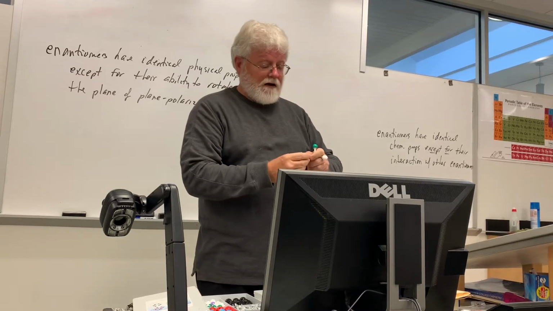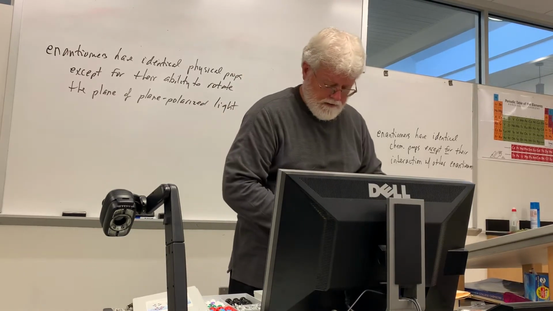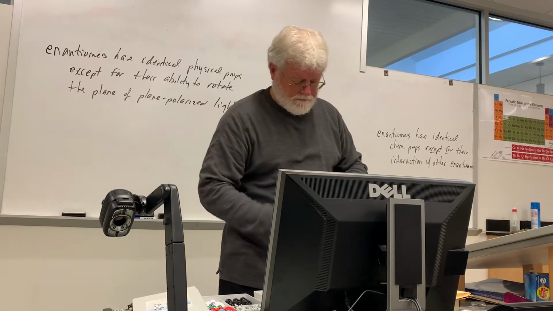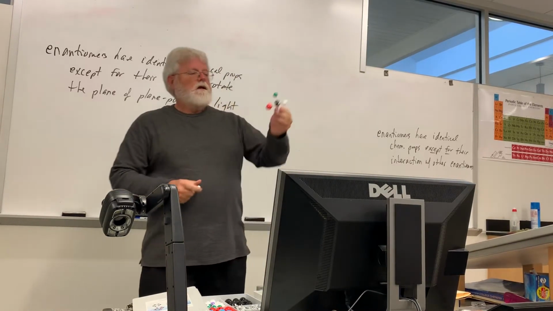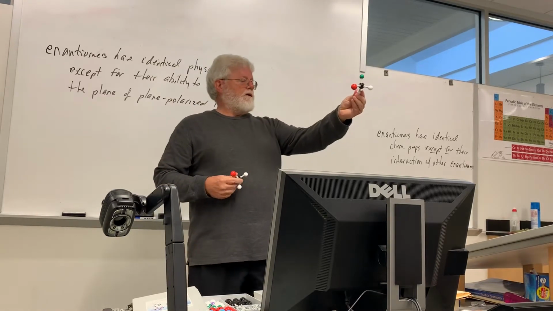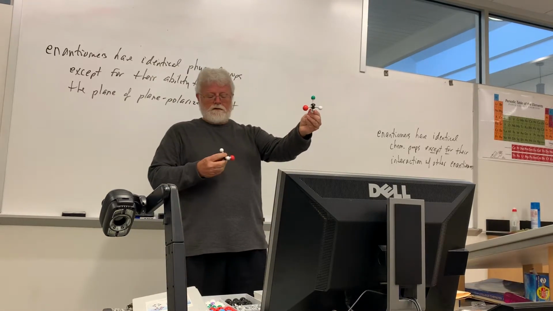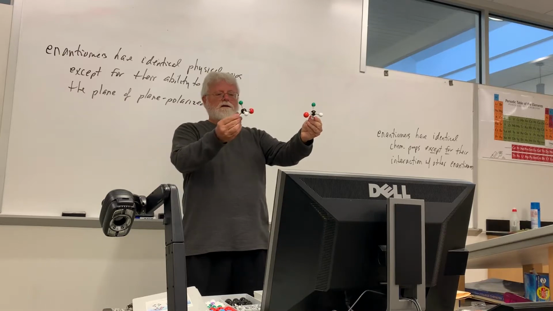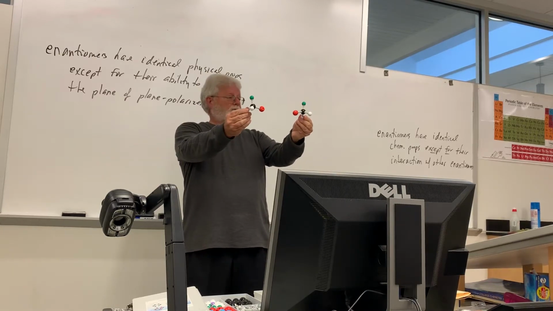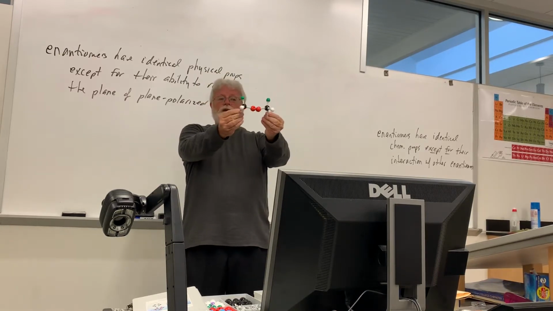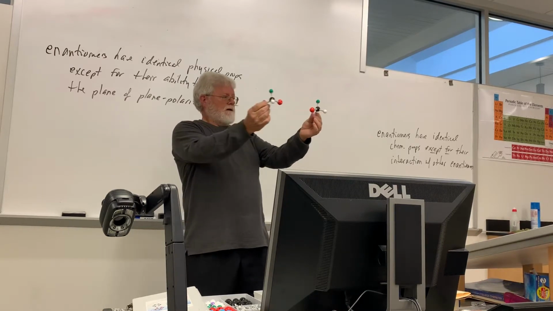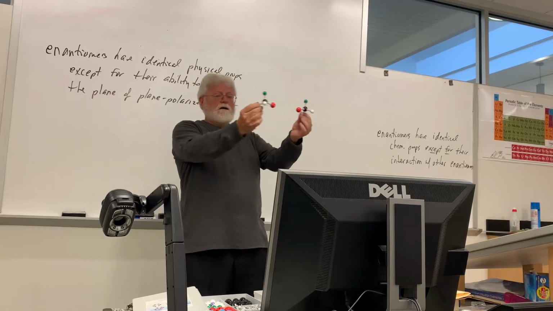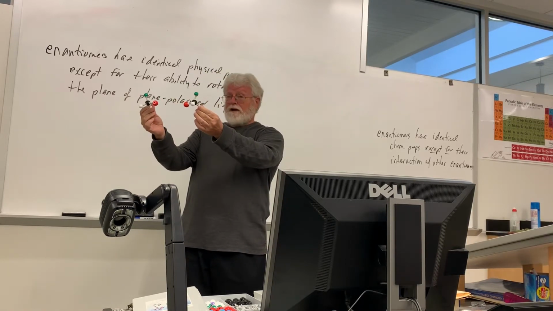What if I put a red guy on here? Let's say I hold this up to a mirror. I would see this. Red guy reflecting red guy, green guy, white guys, white guys. Are they a pair of enantiomers?